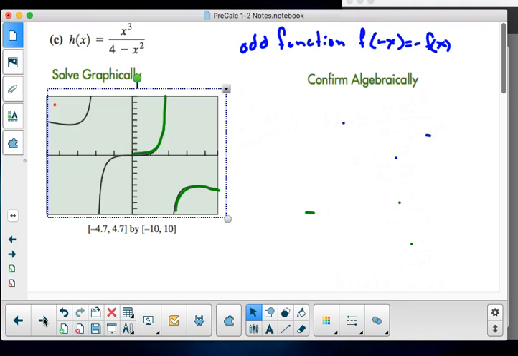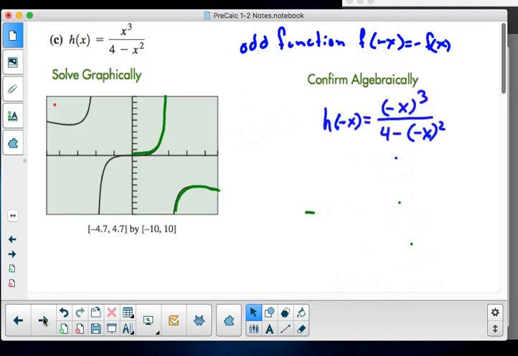Okay, so now, again, I put in the opposite of x into my function just to evaluate it. Now I got negative x cubed all over 4 minus x squared. Now I got to keep in mind, is it the exact same function? Sign changed, right? So it can't be even.